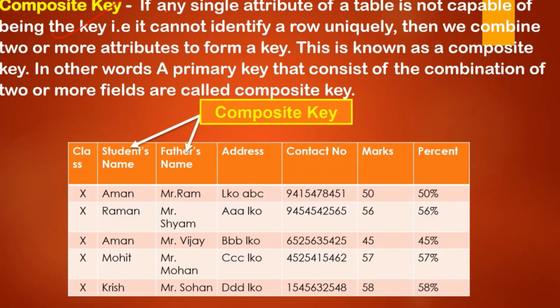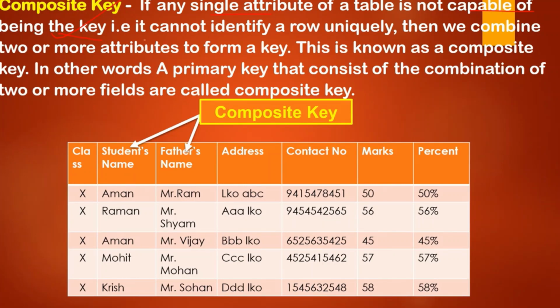See, if any single attribute, you can say any single field of a table, is not capable, the condition is required here, children. If any single attribute or you can say कोई एक single field is not eligible to be a primary key, then what happened? Then we are going with the composite key.